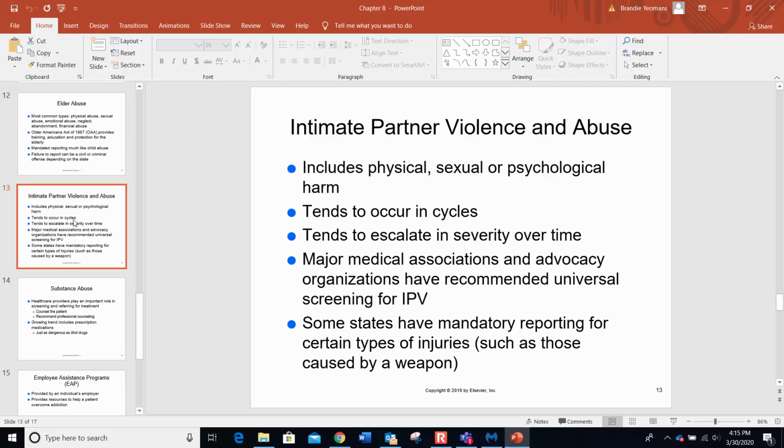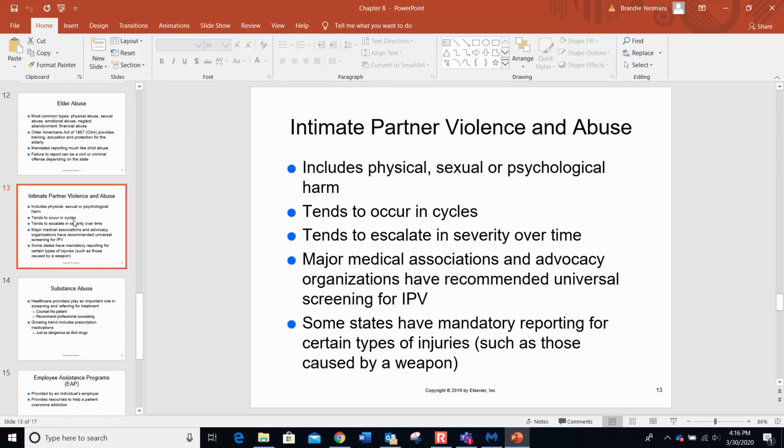So they need our help. So intimate partner violence is more commonly referred to as domestic violence or spousal abuse. Now, this does not have to be someone that is married. It could be a dating partner or a past partner.